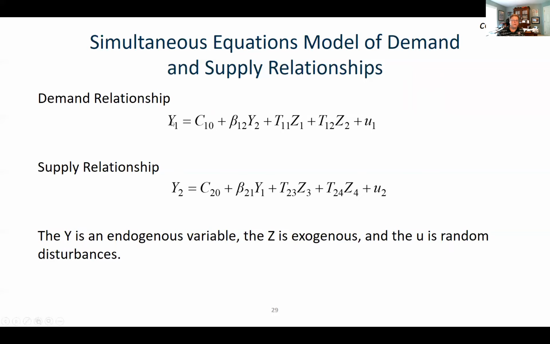Now, why do we want to do this? Well, noteworthy characteristics. This allows us to take a look at how changes in X's, changes in predetermined variables, vary over time. And the only way that can happen is if we include either lagged exogenous or lagged endogenous variables.